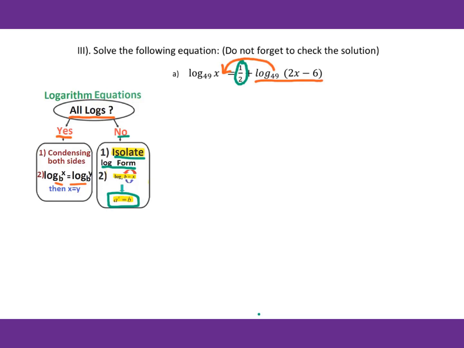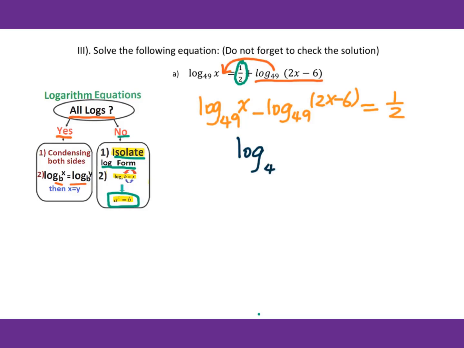Therefore, we get log base 49 of x minus log base 49 of 2x minus 6 equal to 1 over 2. Then you need to condense the log on the left side. We have log base 49 of x over 2x minus 6.